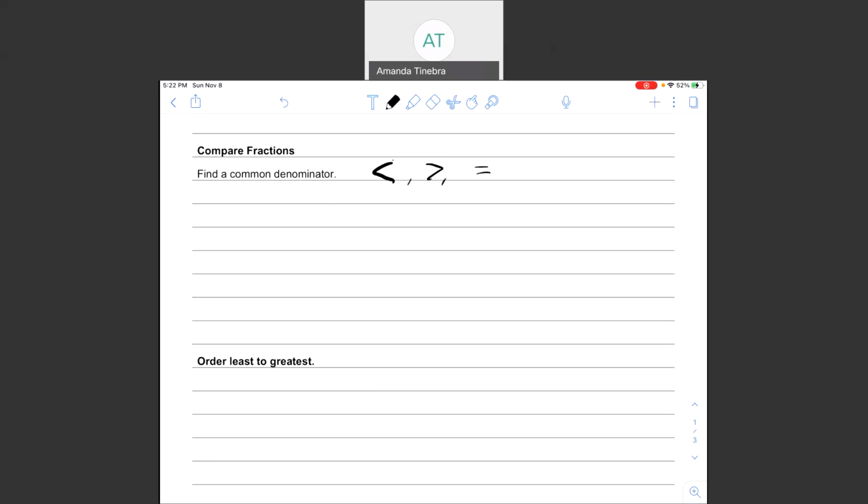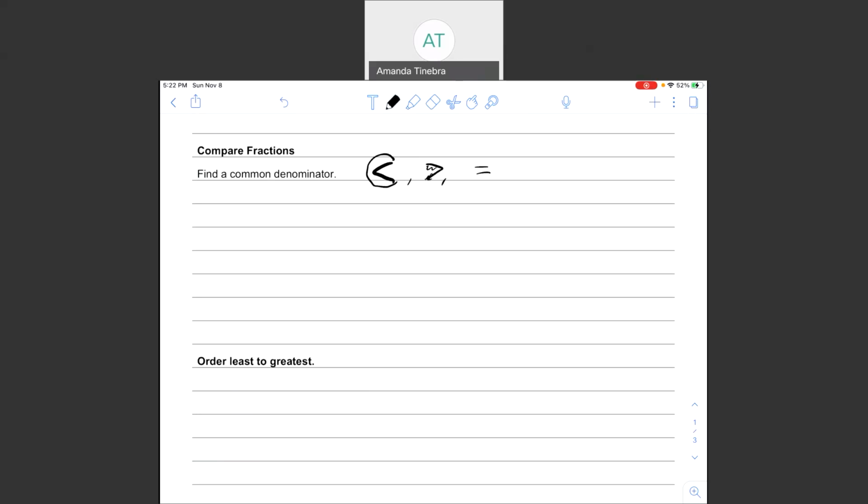Some people like to give it teeth to help you remember that it's going to be eating the bigger number. The other way to remember this is just that the larger side also faces the larger number. But some people like the Pac-Man idea, that Pac-Man wants to eat the bigger number, and so they draw the little Pac-Man or the teeth.